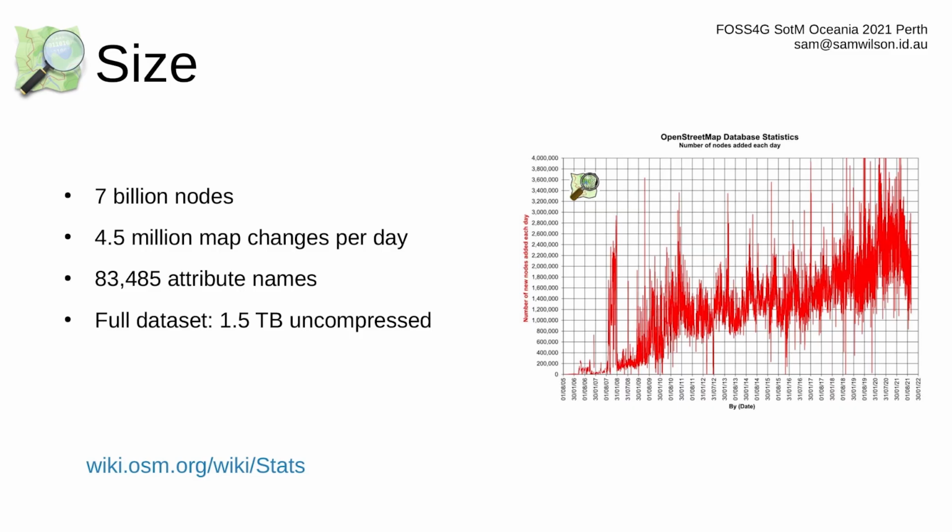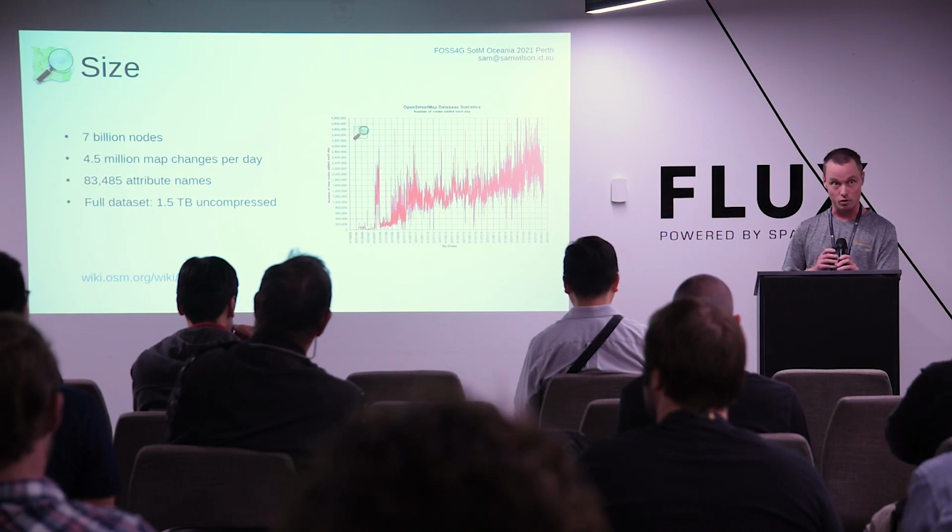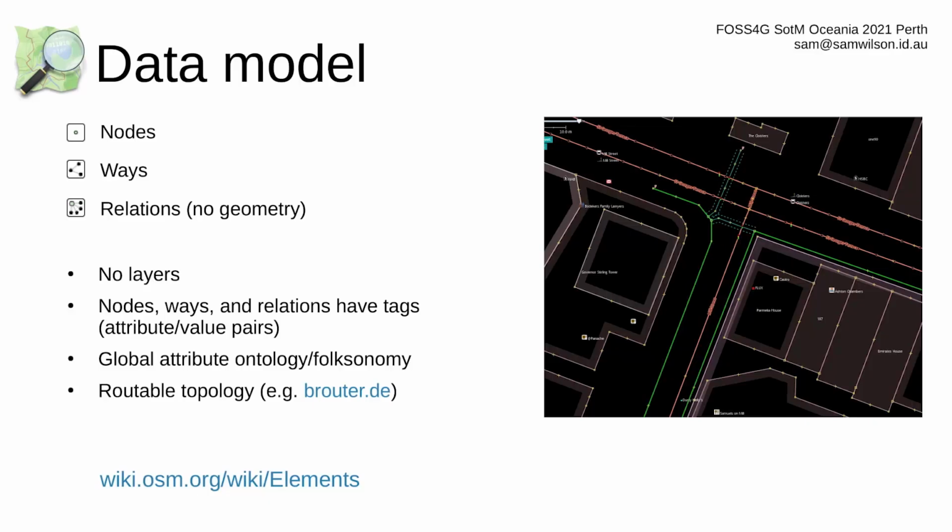You can download the entire data set. It's about 100 gigabytes compressed, uncompresses to about 1.5 terabytes of a custom XML format called OpenStreetMap XML.